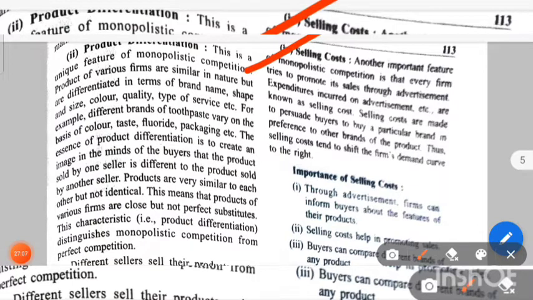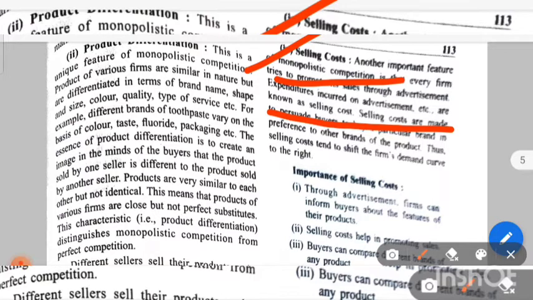Now what is selling cost? As I already explained, selling cost is the cost which a producer uses to promote the product, like advertisement, like attractive packaging. So this cost is included in the product, which we cannot do in perfect competition.